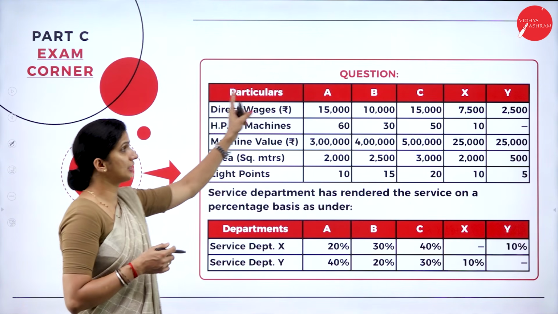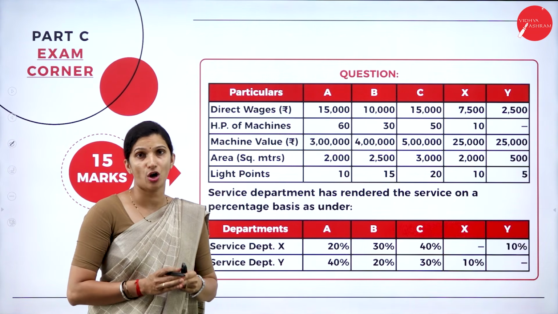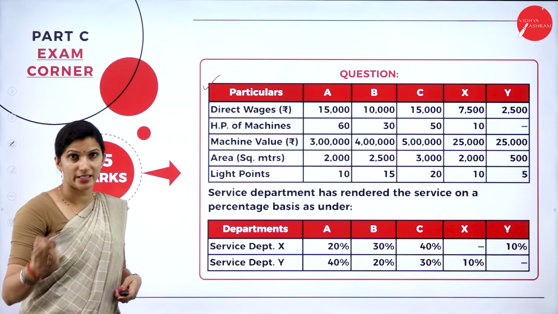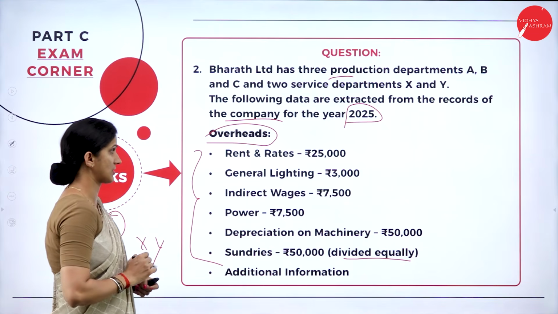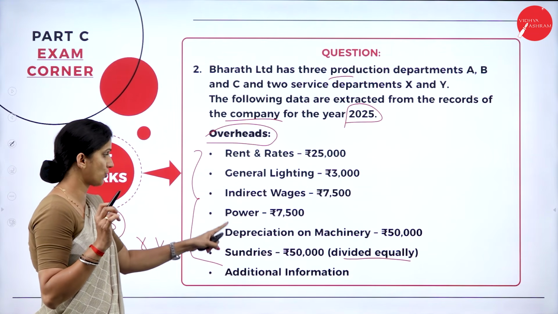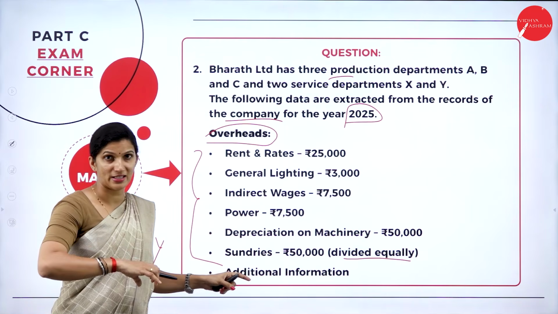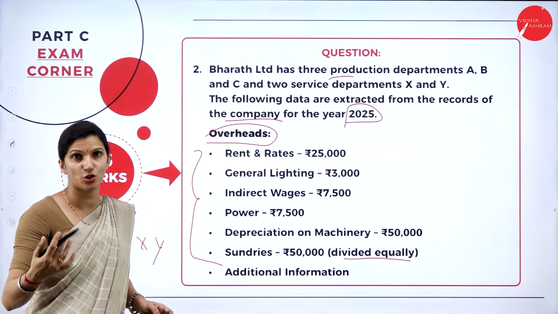The additional information is all about the department-wise basis of apportionment. This information is given to allocate all these expenses. So you have 6 expenses. To allocate these 6 expenses to these 5 departments, what are the bases that you will use?